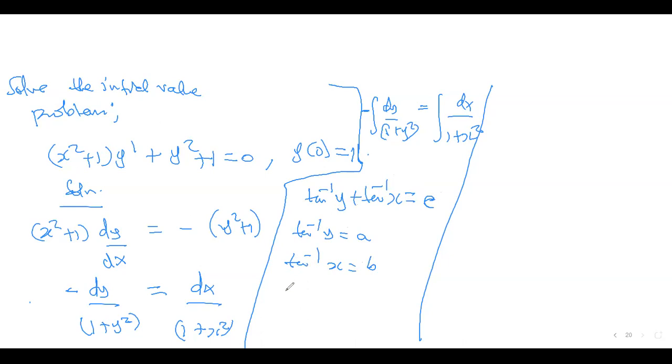So this is going to imply that a plus b is equal to c. If we introduce tan both sides, this will be tan c. And this is going to give you tan a plus tan b over 1 minus tan a tan b.